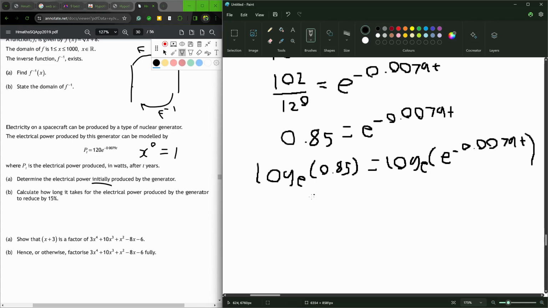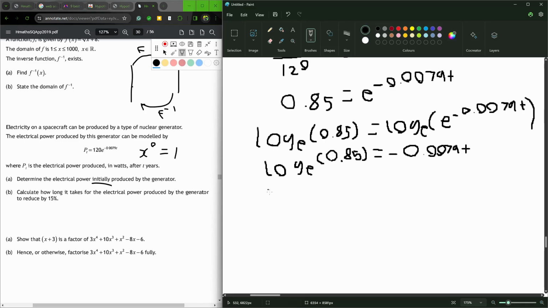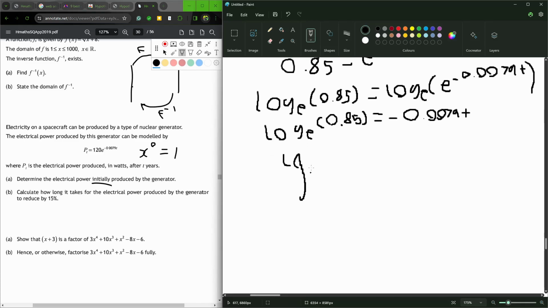Okay, so on this side, these two cancel out. So it'll be log e of 0.85 equals minus 0.0079t. And then we just need to divide both sides by minus 0.0079, and then we'll get t.